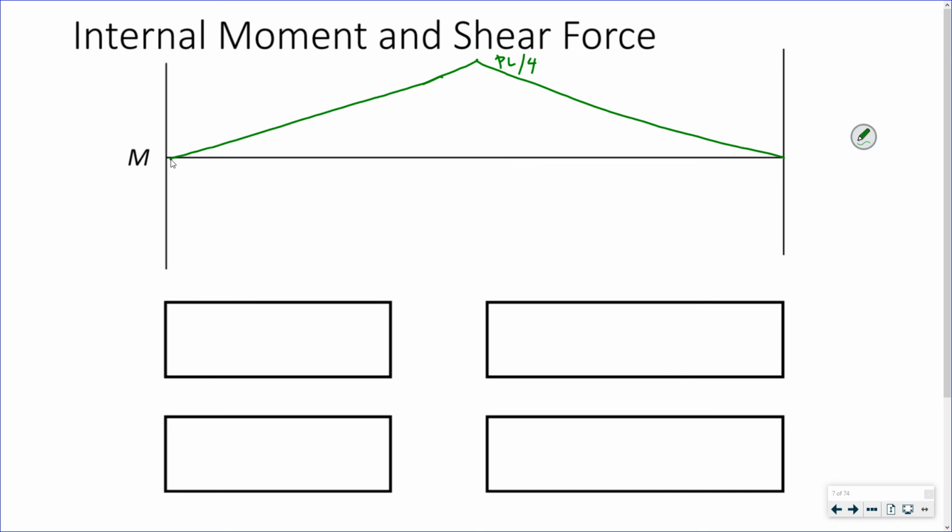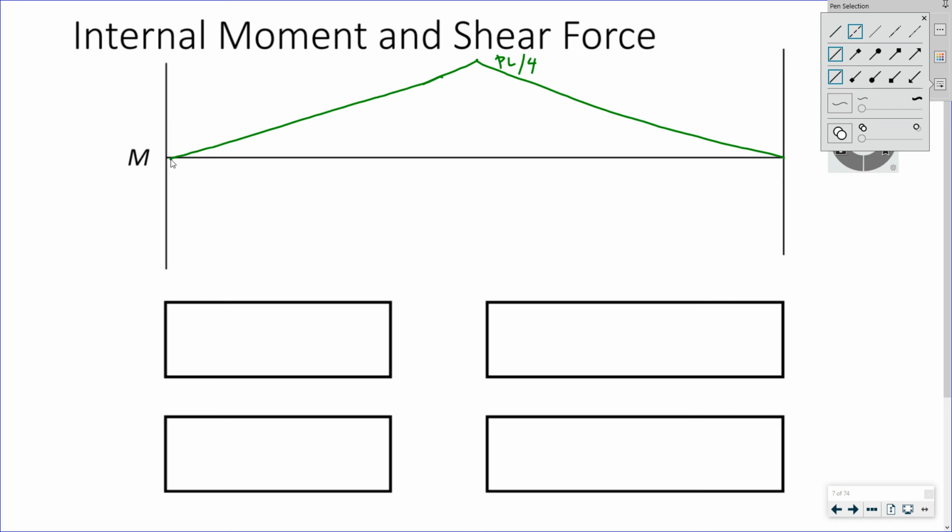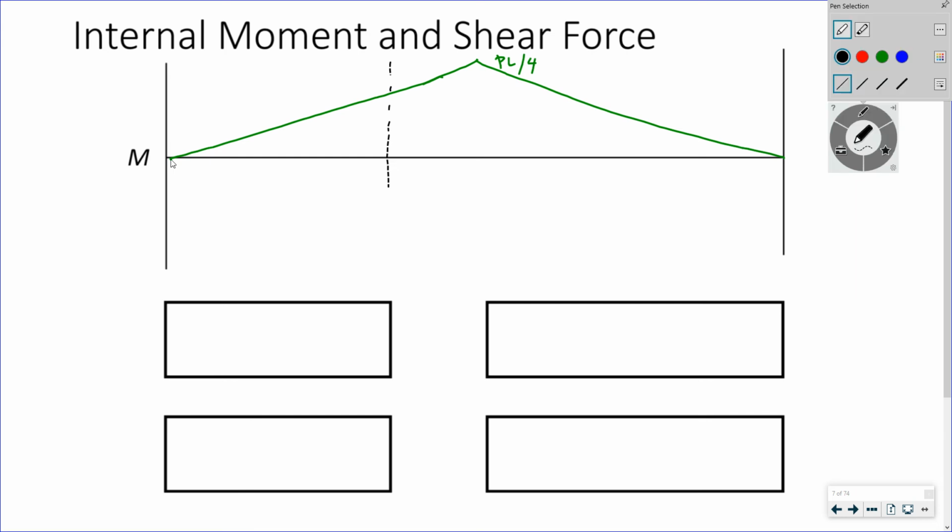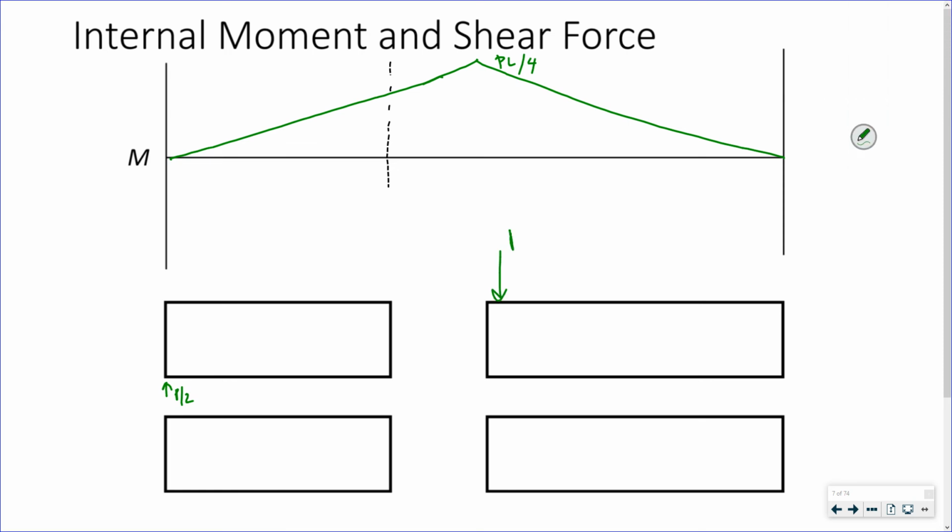I'm going to cut the beam right here, not at the middle. I've got my P over 2 and a P right here.